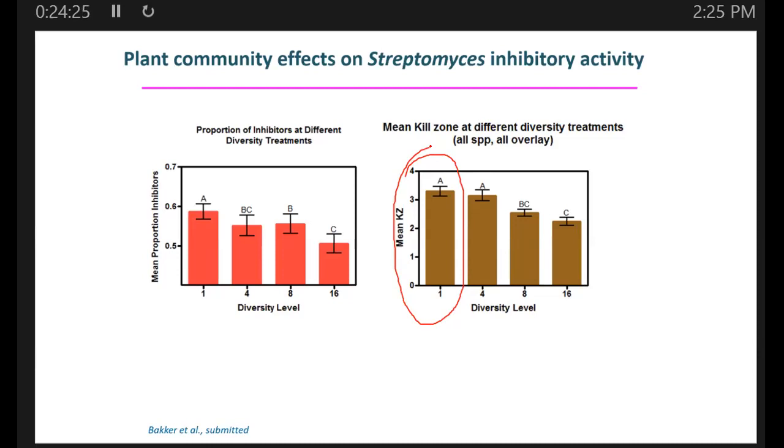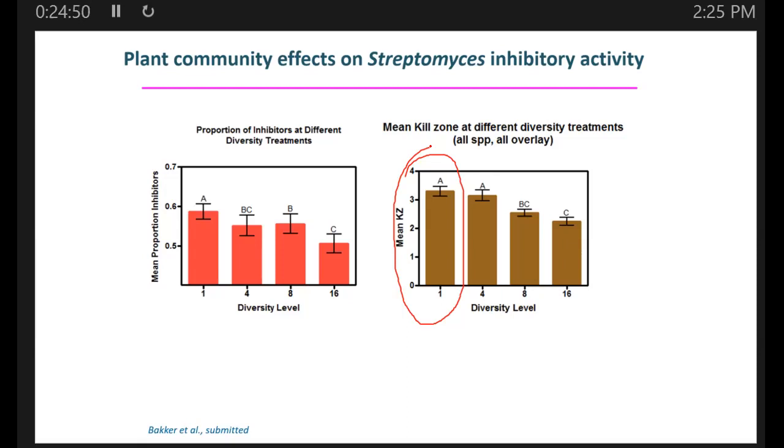And so it's actually kind of supporting that cookie analogy, where if you just had one plant species, that means the nutrients coming from that one plant species are not as diverse as compared to if you had 16 different plant species all leaking out different nutrients. Then you'd have a lot more variety.